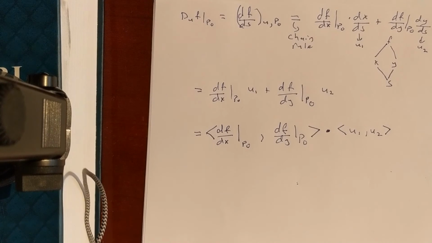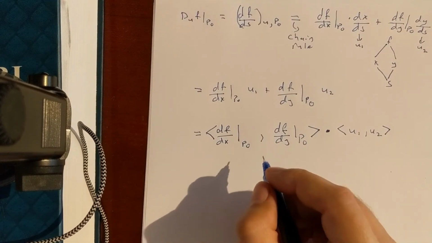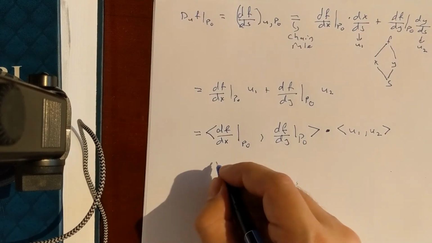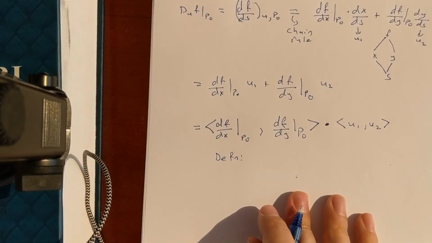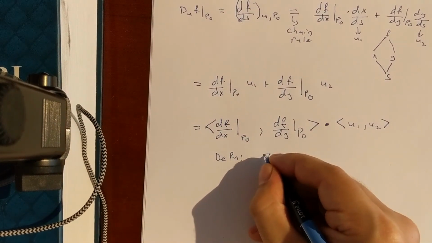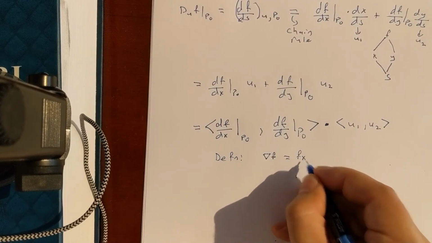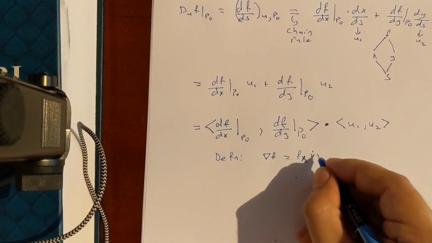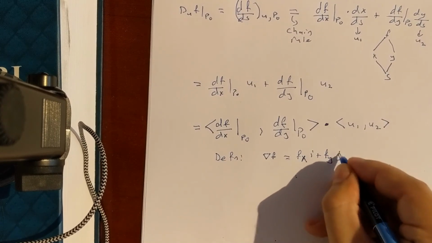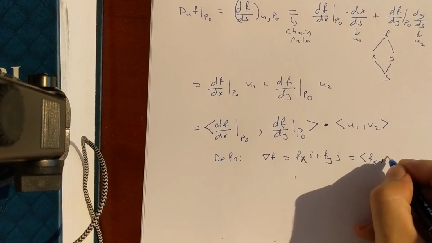So this is nice. We're going to give this a name, a definition: the gradient of f, del f, is equal to f sub x i plus f sub y j, or in other words, just the vector f sub x, f sub y.